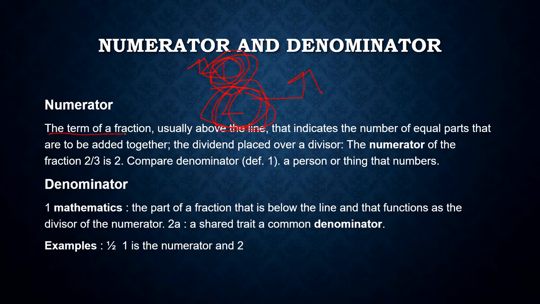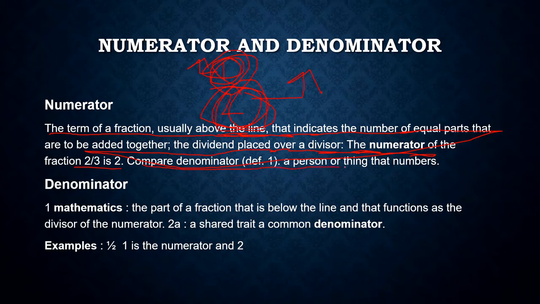The numerator of a fraction is usually above the line and indicates the number of equal parts. The numerator of the fraction 2 by 3 is 2. Compare the denominator.